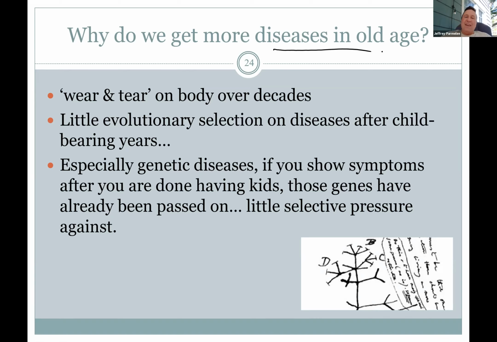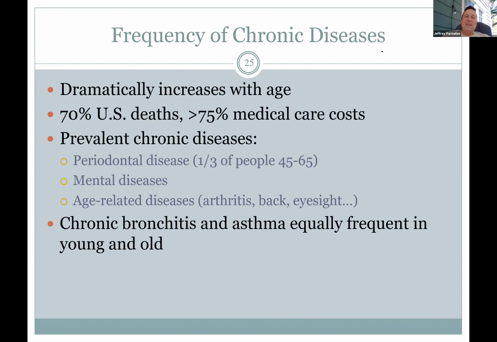Of course, it's also the wear and tear, the constant exposure to environmental toxins and things like that that are going to cause cataracts and cancers to occur. So with chronic diseases, as you get older, things start breaking down, don't they?